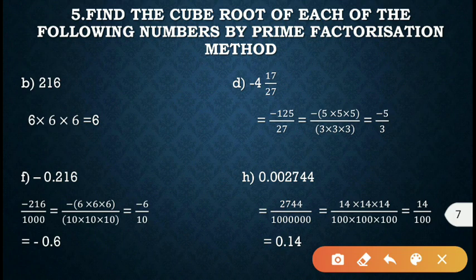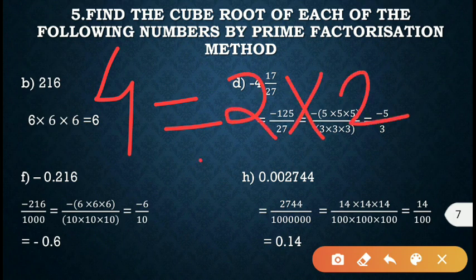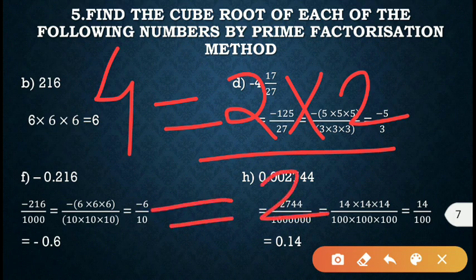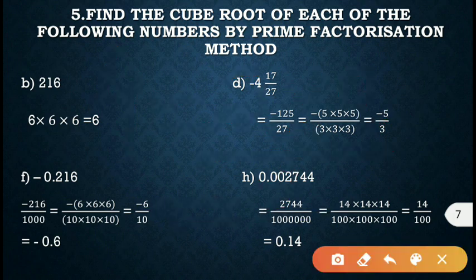For the square root, what we were doing, suppose we need to find out a square root of 4. So we were doing 2 into 2, and from each pair we were writing only one digit. That means 2 only. In the same way, here we will make a pair of 3, and from each pair we write only one digit. In the square root we were making the pair of 2 digits.